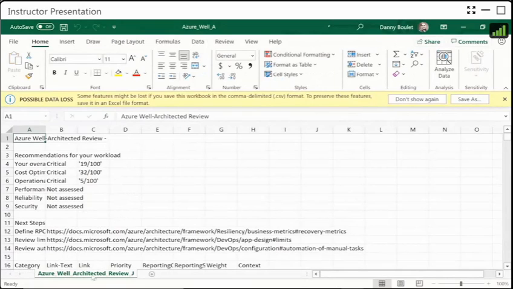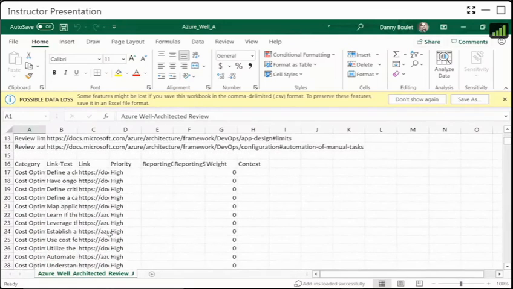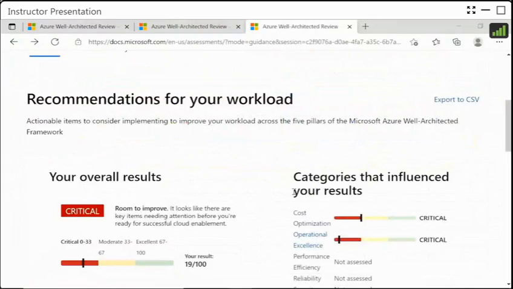So the Azure Well Architected Review and my overall score, the individual scores for the different pillars, and then different next steps. Okay, so I can share that. I can use it as data input to some other process that I might be running and use that to go a little bit further.